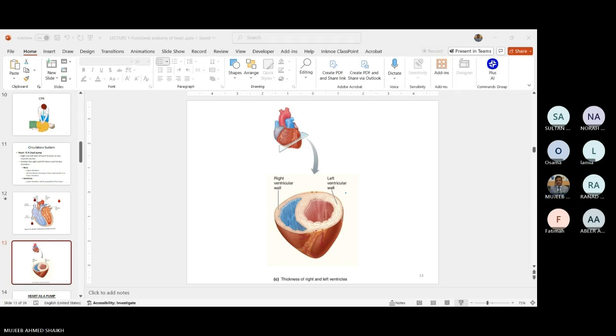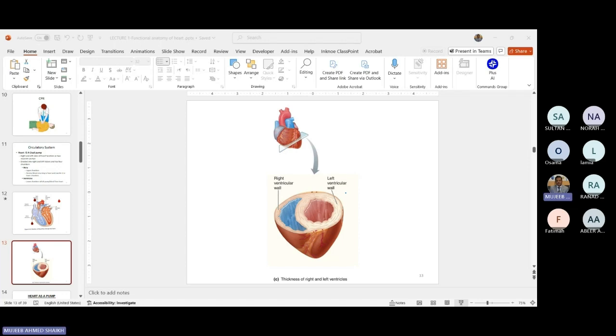Okay, thank you, doctor. So currently, I'm explaining why the left ventricle wall is thicker than the right, because the right is pumping the blood in the pulmonary circulation, which is a low pressure, low resistance area, whereas the left ventricle is pumping the blood against high pressure, high resistance. That's why the thickness will become more.